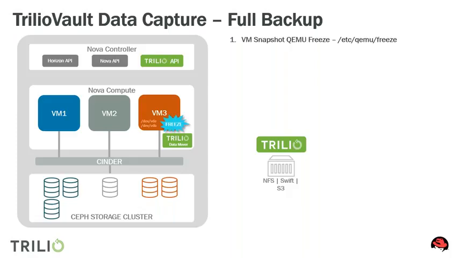So first thing, when a backup job starts, if you chose to have an application consistent backup, we trigger a VM snap freeze through QEMU, and that is where people will put their scripts to actually talk to their applications. So it's not only a VM file system quiesce, it goes all the way into the application for application consistency.